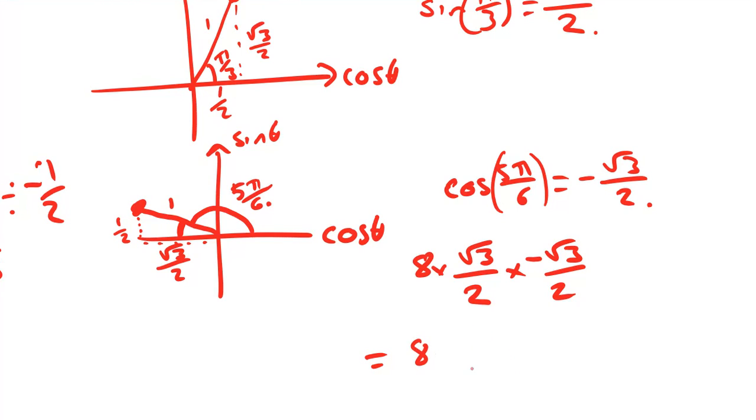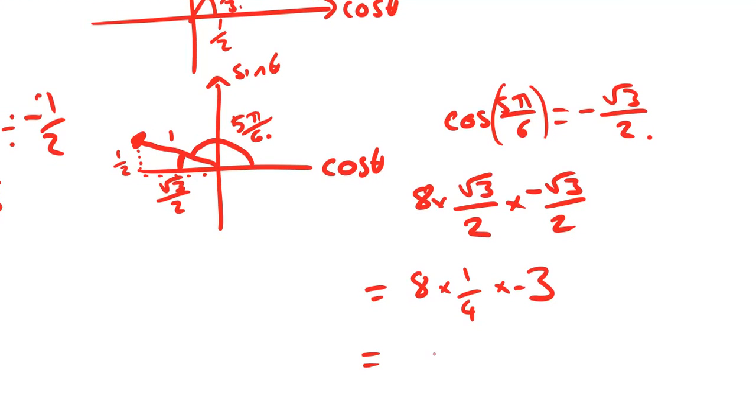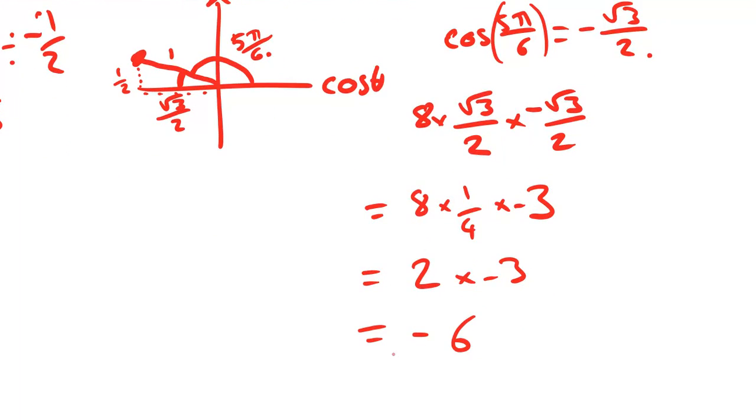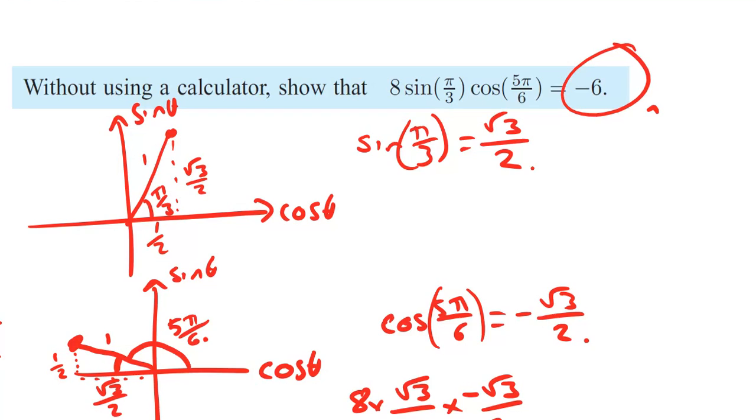The denominators are going to be 2 times 2, which is 4. So we'll have a 4 on a denominator. Then we're going to have certainly a negative number because we've got a minus times a minus, and root 3 times root 3 is 3. Okay, so if we carry on doing this, 8 times a quarter is 2. So we've got 2 times minus 3, which is, of course, exactly what we were hoping to find. We have shown our working successfully.